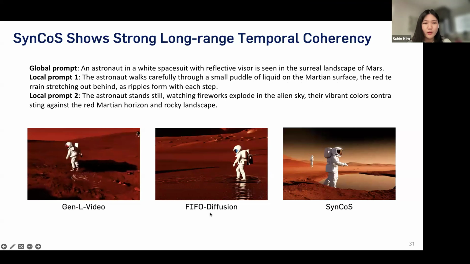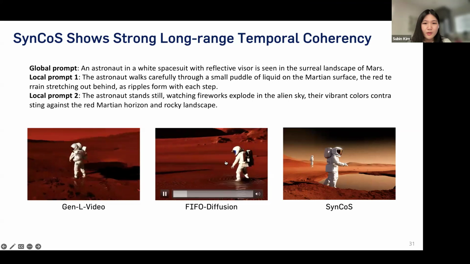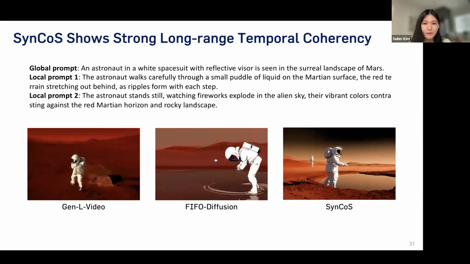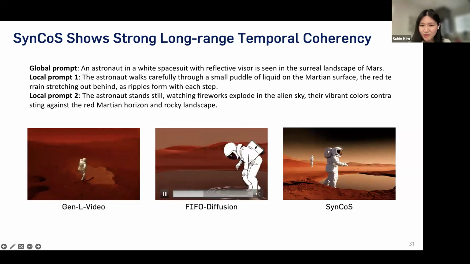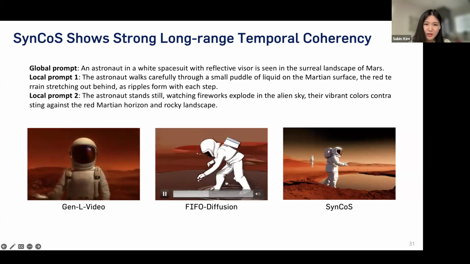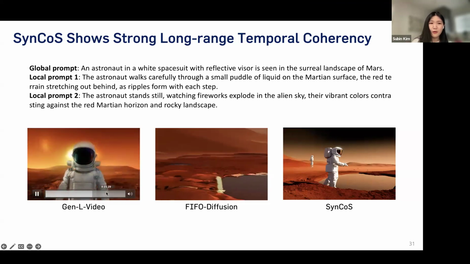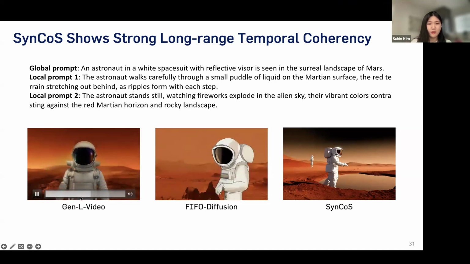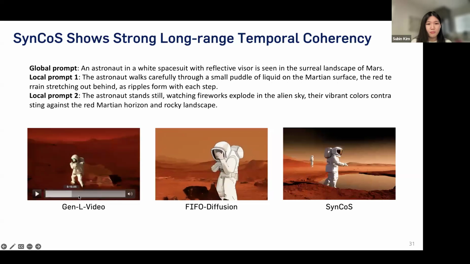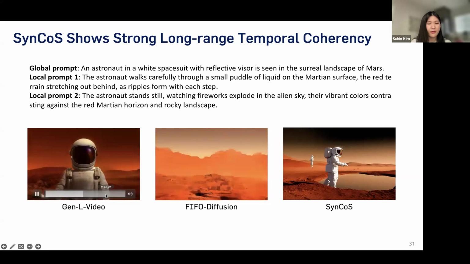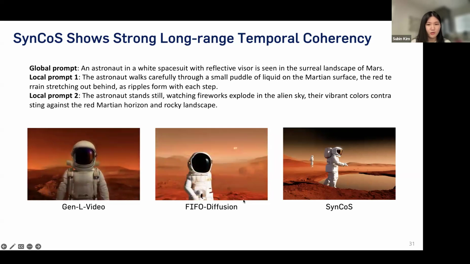So in case of previous work, it works at first, but it translates into animal-like images, and it automatically shows the shape of the astronaut, which is not shown in the previous frame. It changes very dramatically, which is not the natural transition.